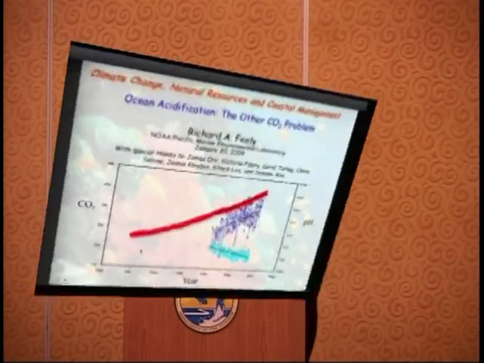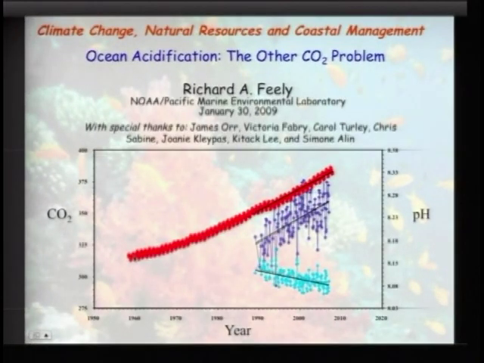And when I start these talks, I always first present this first slide. Most of you know automatically what it is. It's probably the most well-known slide in the world on the carbon system. It's the Mauna Loa record from Dave Keeling, who started his work in 1957 and continued it through 2007, showing the increase in atmospheric CO2.